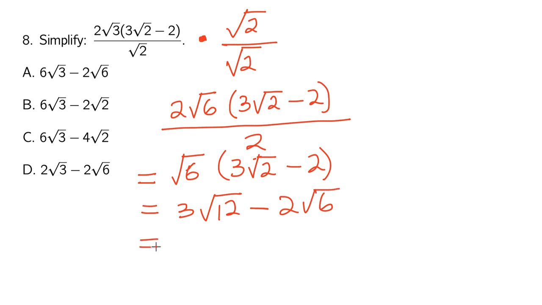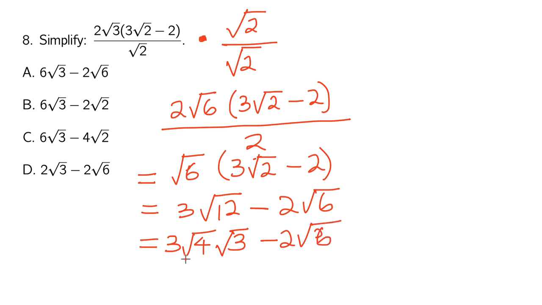So simplify further. Square root of 12 can be simplified as square root of 4 times square root of 3. Now when we write it that way, because square root of 4 is a nice round number, an integer, it helps simplify the surd.